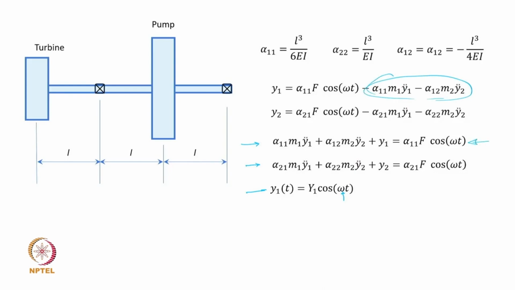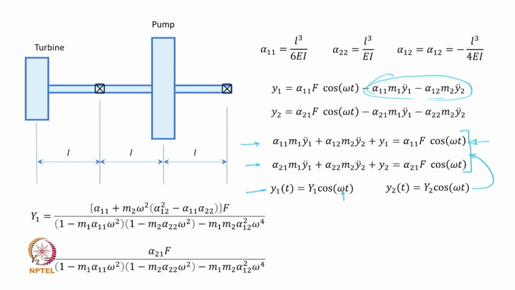The external forces which depend only on time go to the right hand side of both of these two equations, and then of course, you assume these two harmonic response solutions and then substitute the solution with their derivatives into this equation to get expressions in capital Y 1 and capital Y 2.